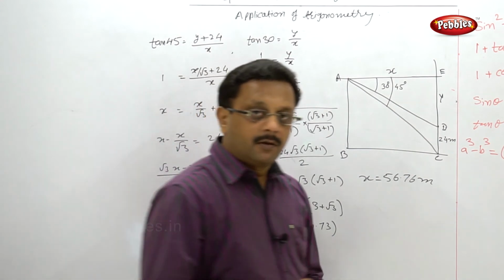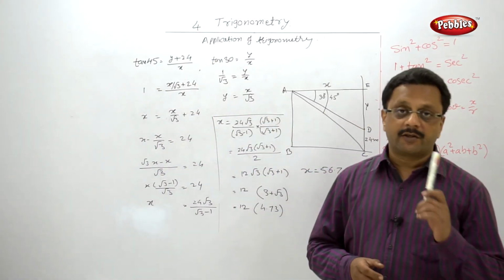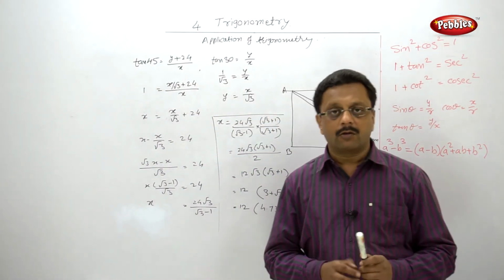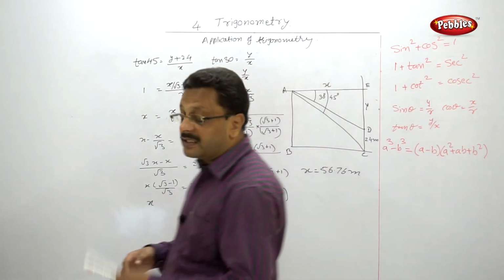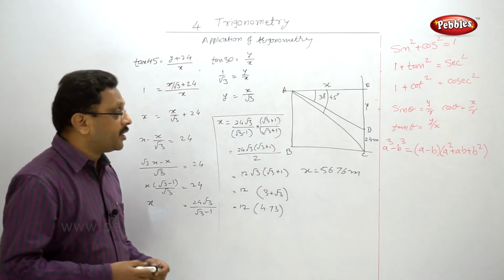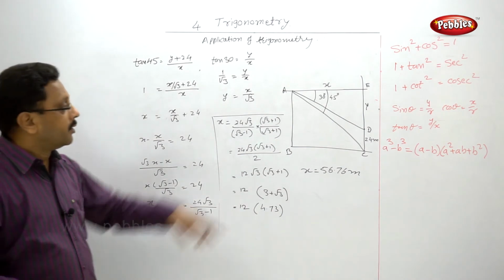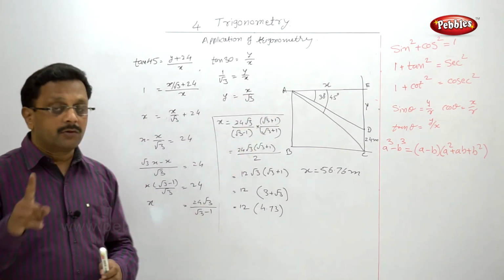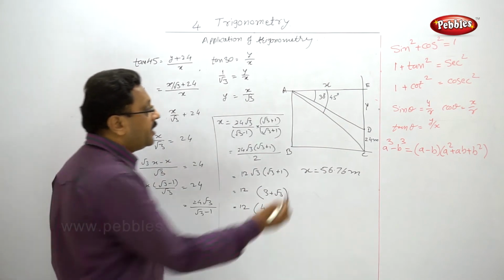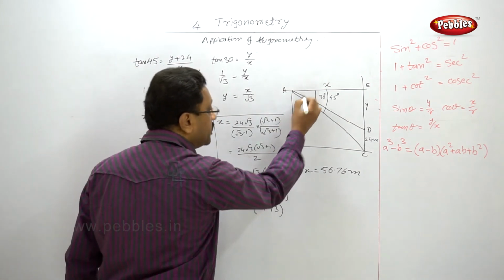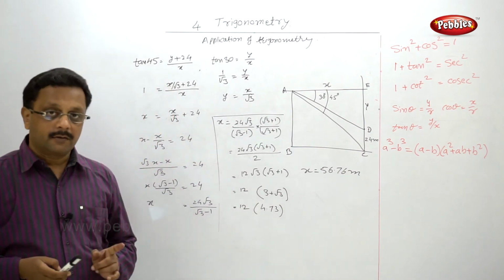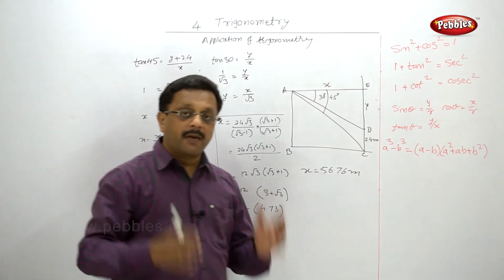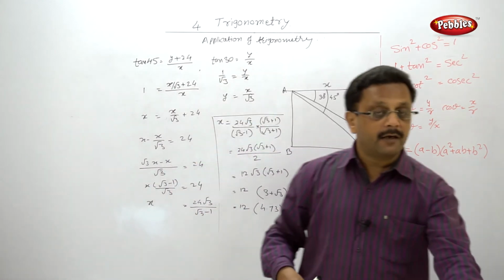Very simple. Again I am telling you, don't miss the figure. If you draw the figure wrong, it will be wrong. Students make mistakes in taking the angle of depression and angle of inclination. Now in this case, many students take this angle as 45 and this angle as 30. No, it is not like that. You imagine yourself standing there and looking down.